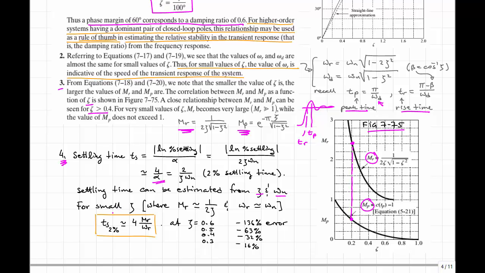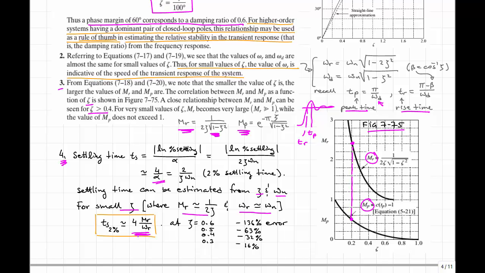So for small values of zeta, where Mr is approximately 1 over 2 zeta, rather than 1 over 2 zeta times the radical of 1 minus zeta squared, and where we can use omega r, the peak frequency, in place of omega n, we can express the settling time as 4 times the resonant peak divided by the resonant peak frequency.